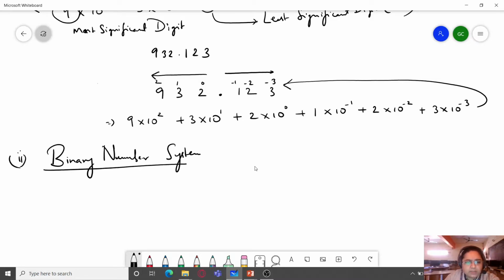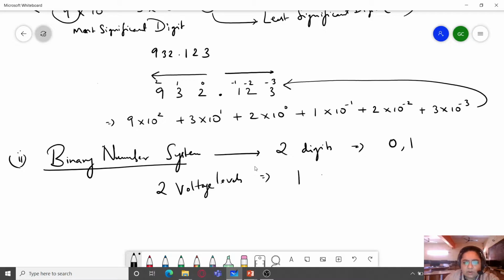Why? Because it uses only two digits, that is 0 and 1. So here there are only two voltage levels which are used to represent 0 and 1.